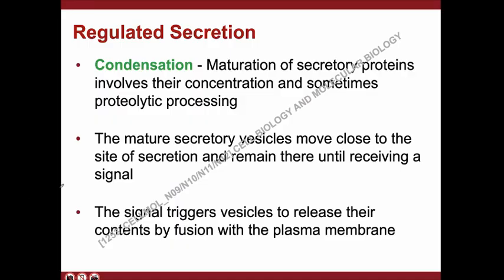So once the secretory vesicles have matured, they move close to the site of secretion and they will remain there until they receive a signal that triggers the vesicles to release their contents by fusing with the plasma membrane.